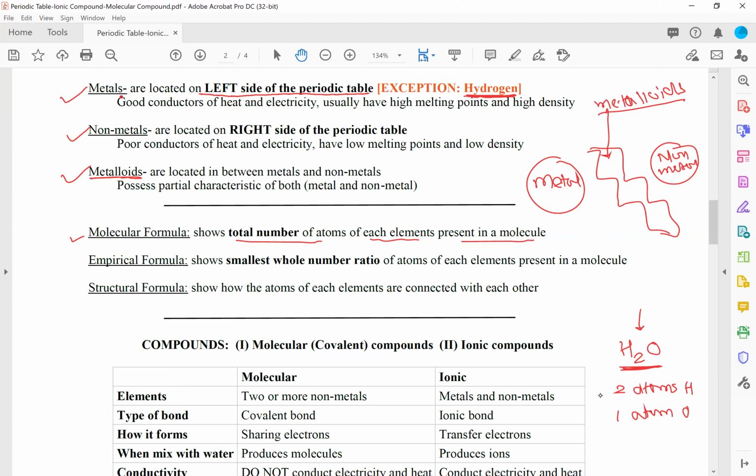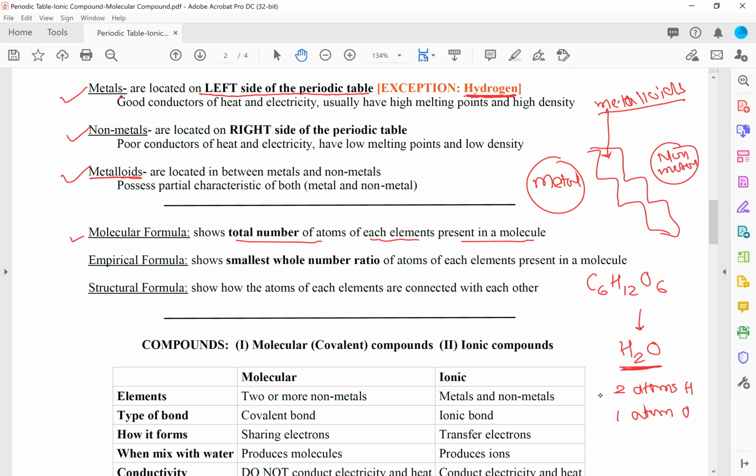Similarly, if I write the formula C6H12O6, what is this? This is the sugar that we generally eat. C6H12O6: what does it mean?